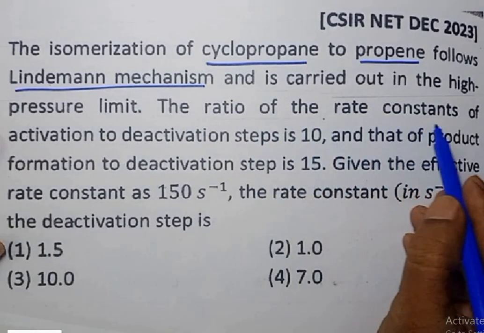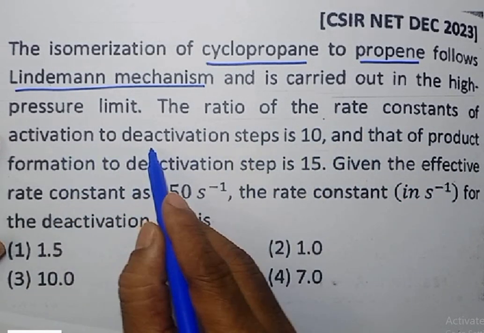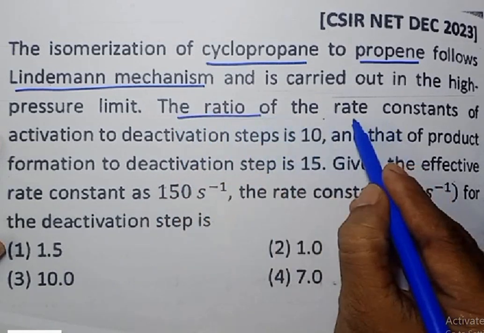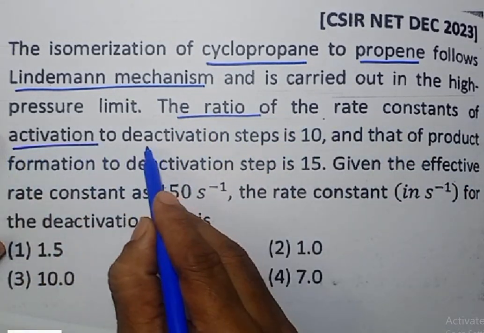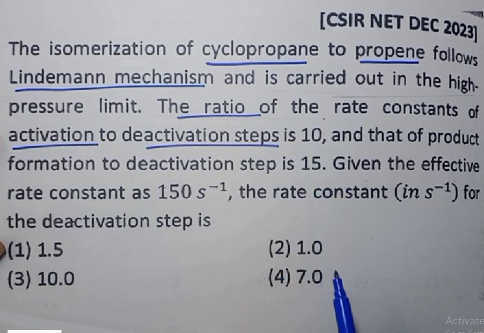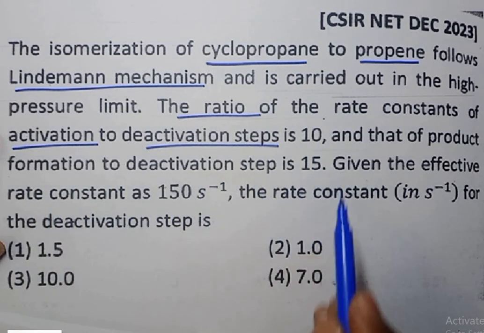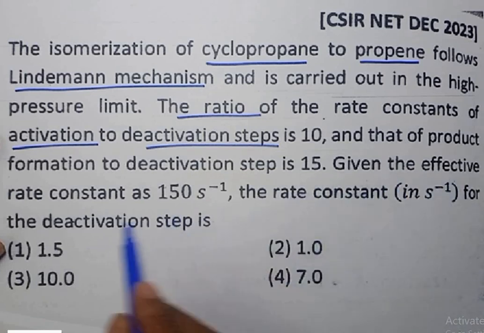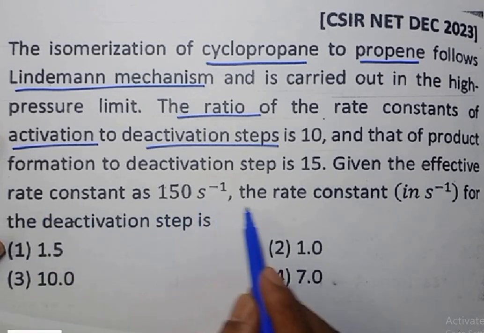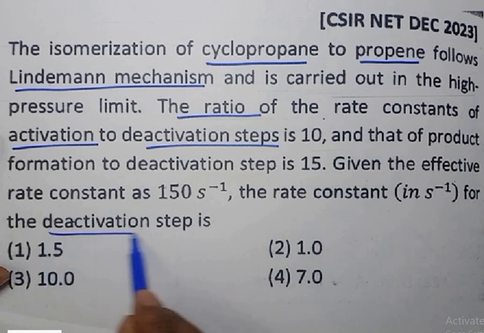The ratio of the rate constant of activation to the deactivation step is 10, and that of the product formation to deactivation is 15. Given the effective rate constant is 150, the rate constant for the deactivation step is.